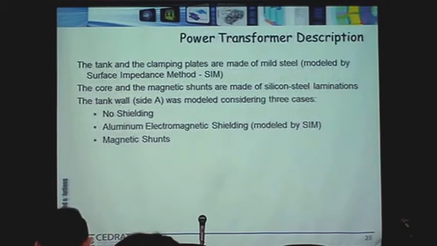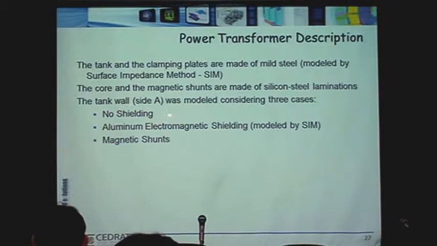Let's go to the computation we've done. We've done one with no shielding, so no mitigation, the initial case. We've done a computation with a shield made of aluminum. And then we've done another computation with the shunts.